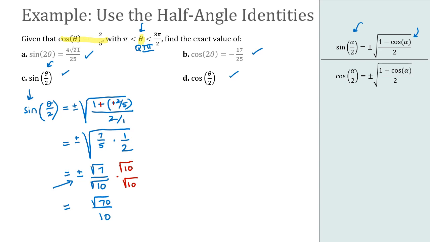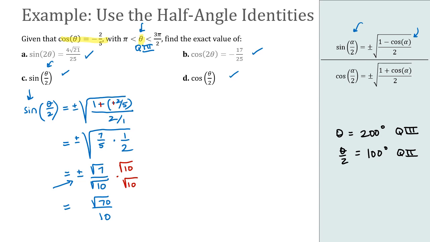What if you had, and I'll just do this over on the side, let's just say that theta is equal to, I don't know, 300 degrees? Oops, that's not in the third quadrant, is it? What's in the third quadrant? How about 200 degrees? Theta is equal to 200 degrees, that's a third quadrant angle. If I take half of that angle, now I'm at 100 degrees. 200 degrees was in quadrant 3, but 100 degrees is in quadrant 2.